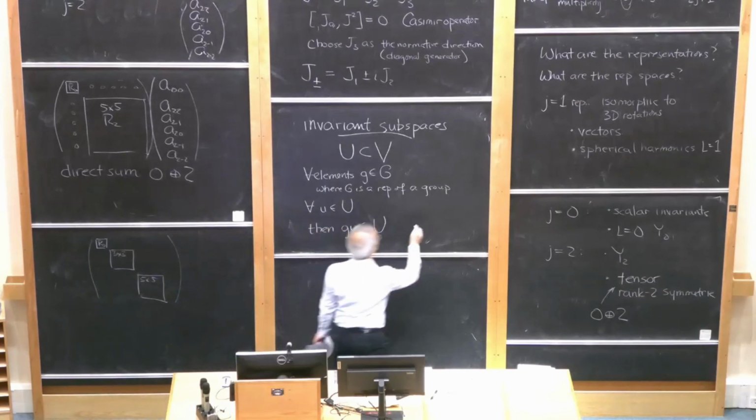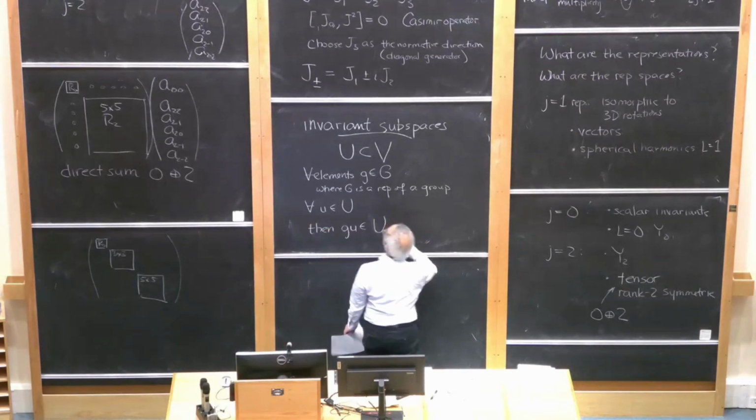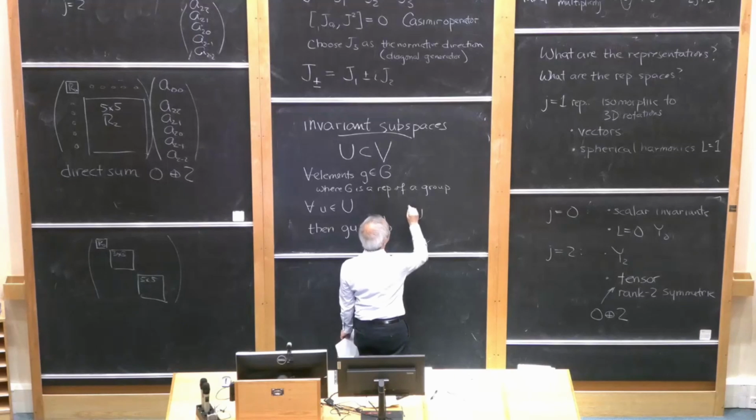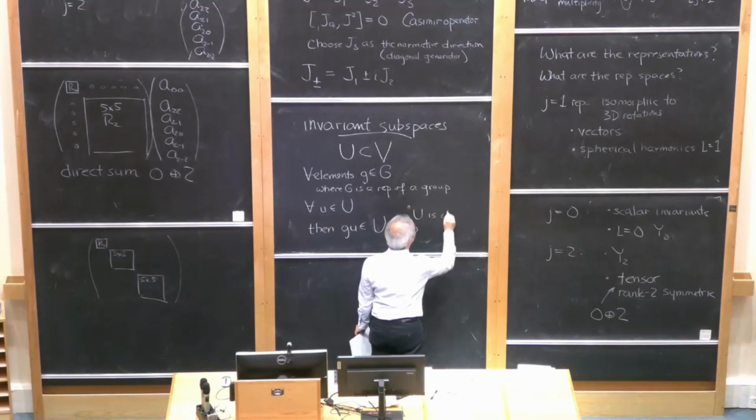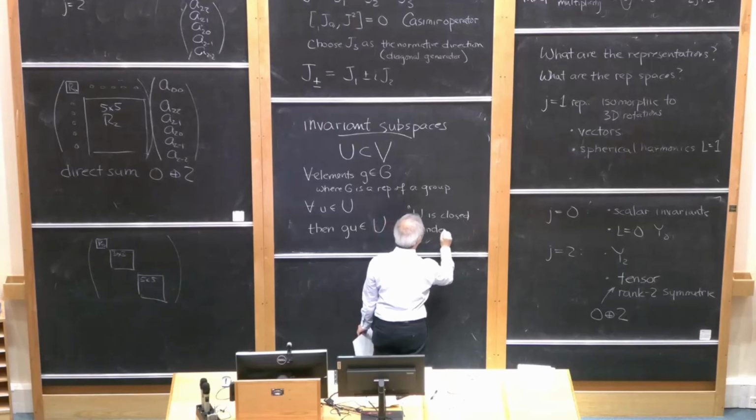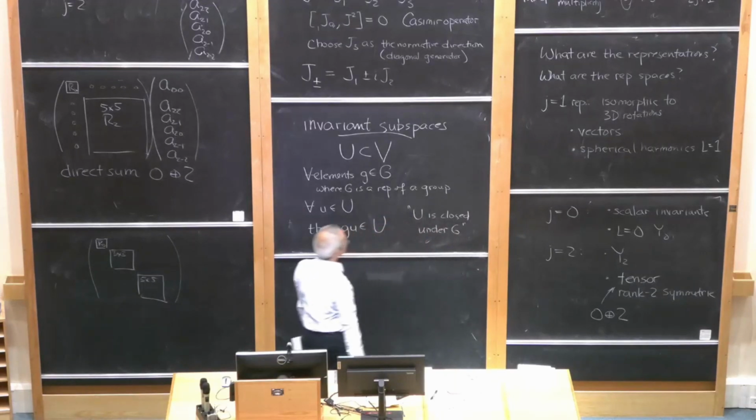So informally, you can say U is closed under G, if you like that language.